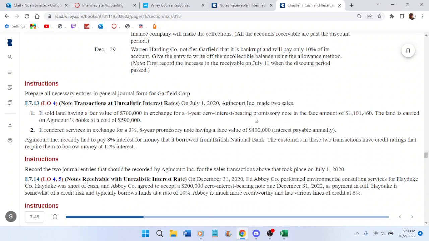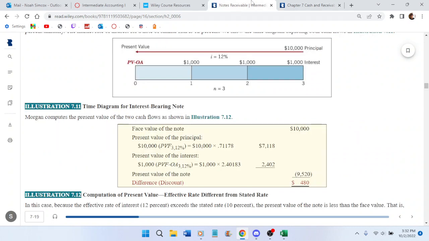What they're going to have is a $400,000, which is going to earn 3% interest per year. So I just want to calculate both of them separately, just like this thing does up here.